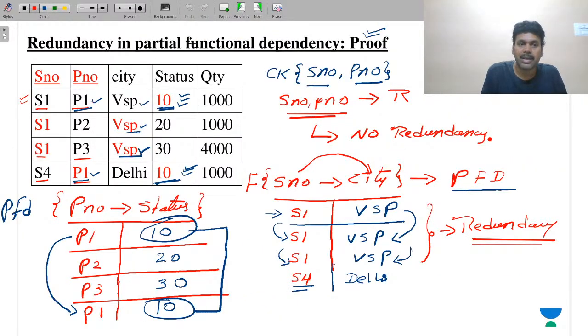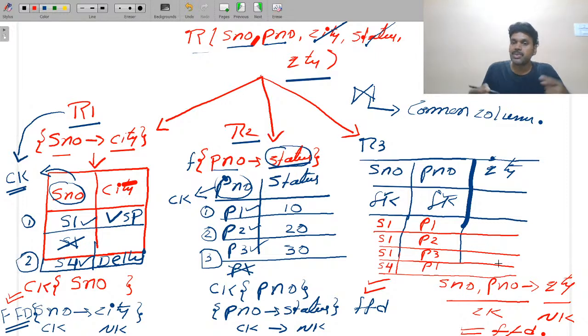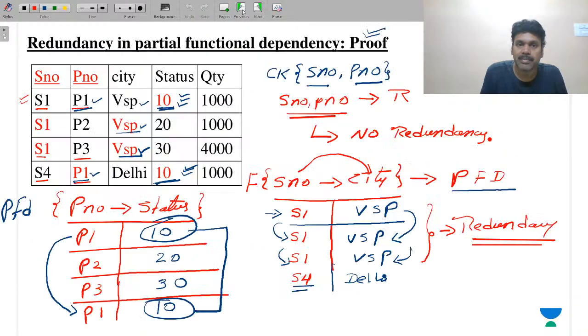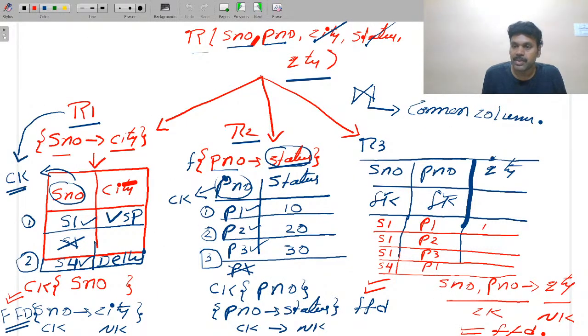Please look at the original table and S4, P1, P2, P3, P1, and here it is S4. So I am bringing the same data once again, without data loss. Please see friends, even if you do a cross join, you will get the original table only. So the quantity we will take here: 1000, 1000, 4000, 1000.